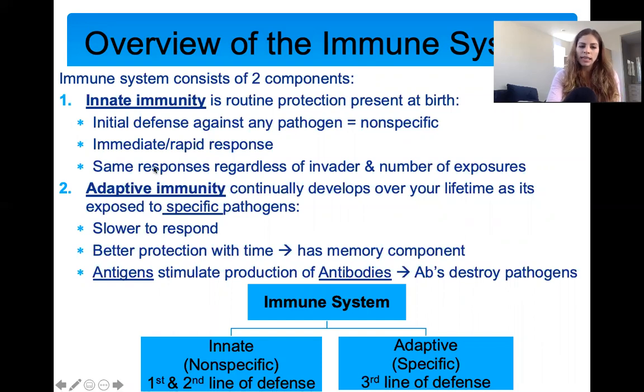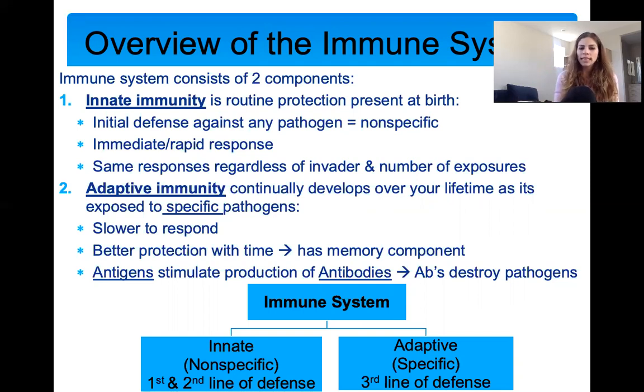That's innate immunity. Another part of your immune system is adaptive immunity. Adaptive immunity adapts over time and gets better over time. It develops over your lifetime as you're exposed to a lot of pathogens. It has a memory component, because if you've been exposed to one strain of influenza, you've built protection in the form of antibodies so that you're able to fight that strain if you get exposed to it again.